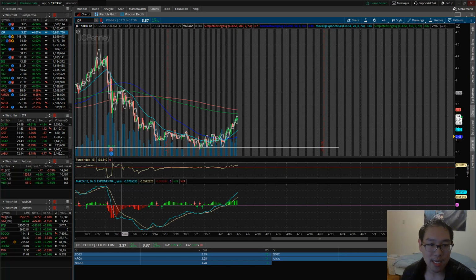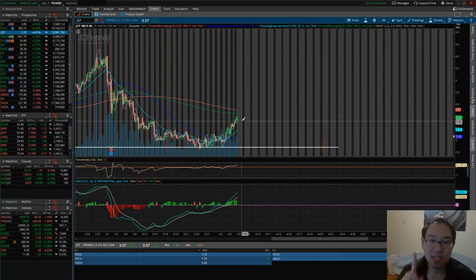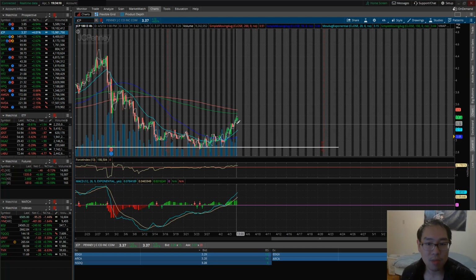What happened last time? It hit the 150 SMA and it came down. This might act as the next resistance. So be careful if you're in JCPenney, especially if the stock market does go down tomorrow. We are looking for a retracement back to the EMA before potentially bouncing and buying into JCPenney. That's the one I'm looking at.